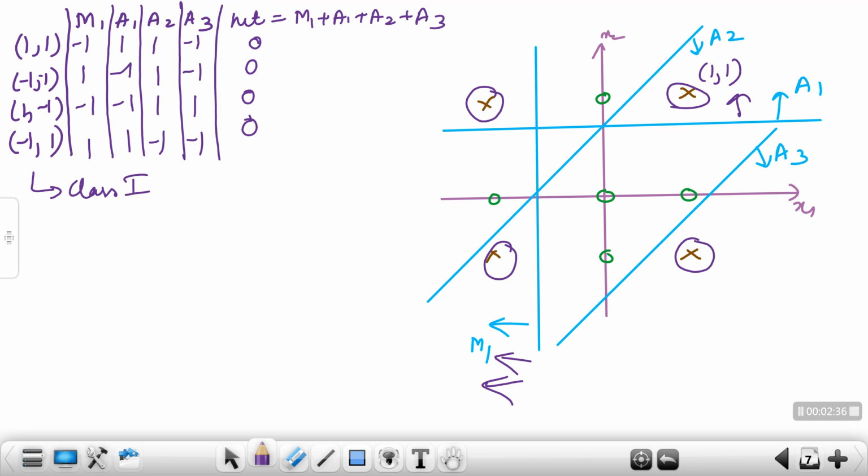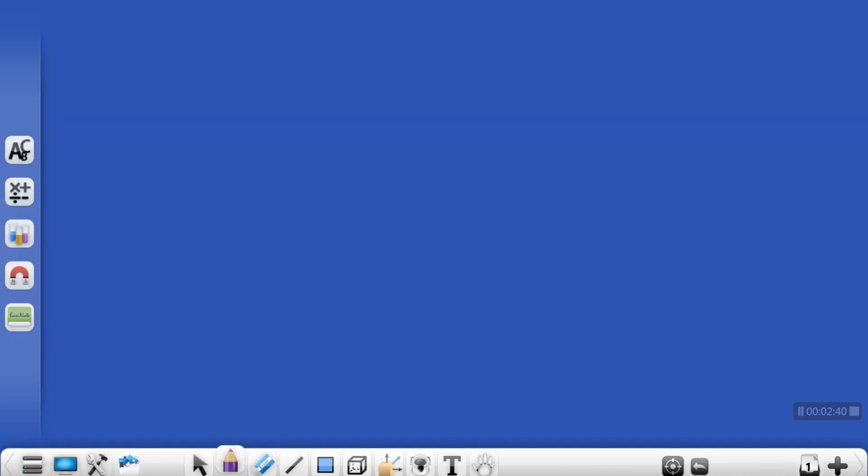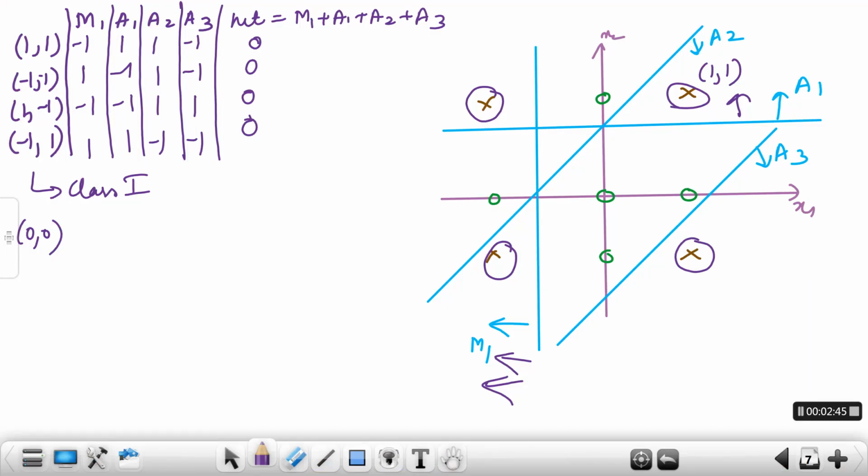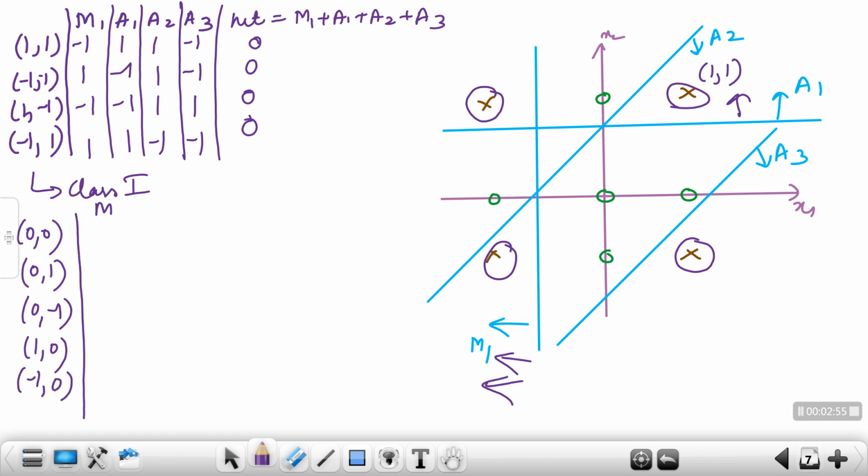Similarly, I can take the points from class 2, (0, 0), (0, 1) and so on. So for the patterns from class 2, we will also calculate M1, A1, A2 and A3.